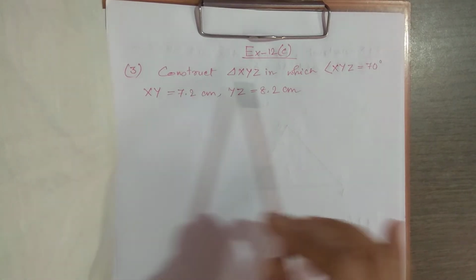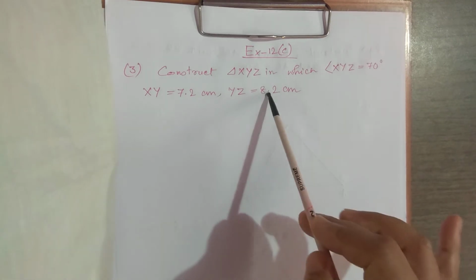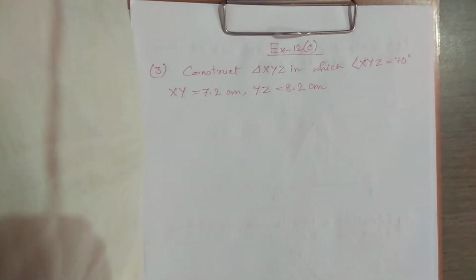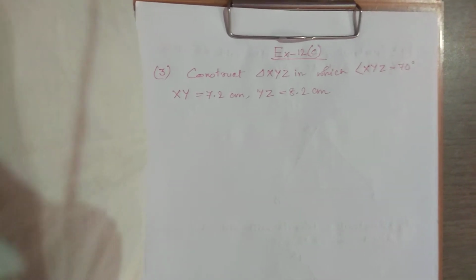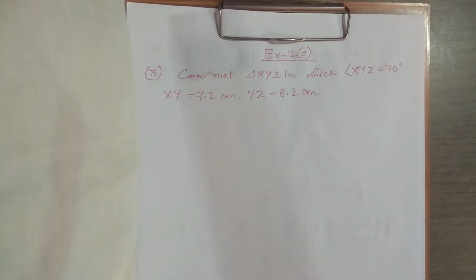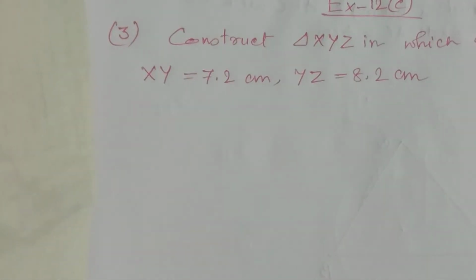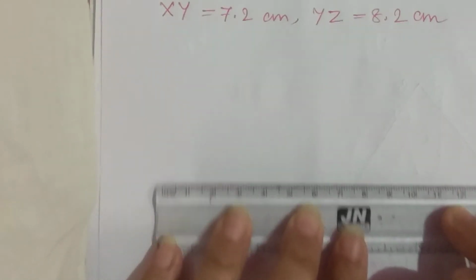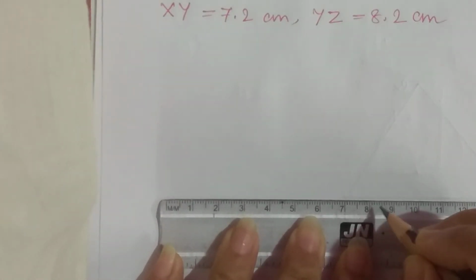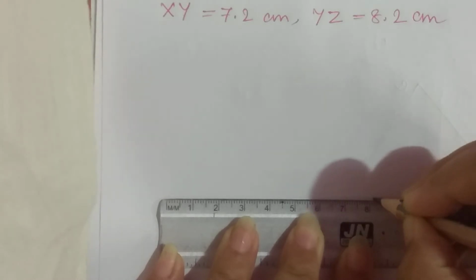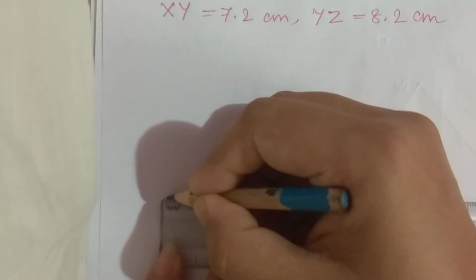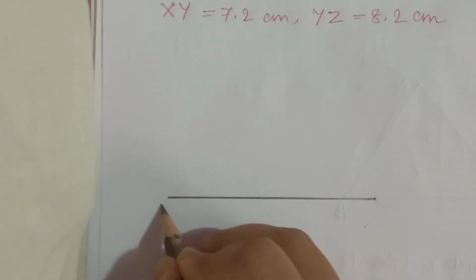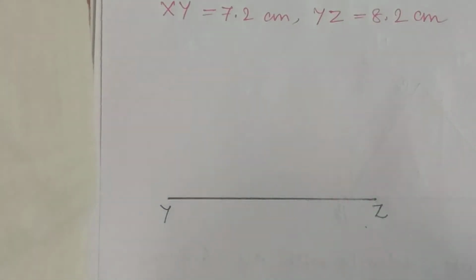Out of these two sides, the longest is 8.2. So we will draw 8.2 first. With the help of ruler, we will draw 8.2. Here it is 8.2 mark. It is marked as YZ.